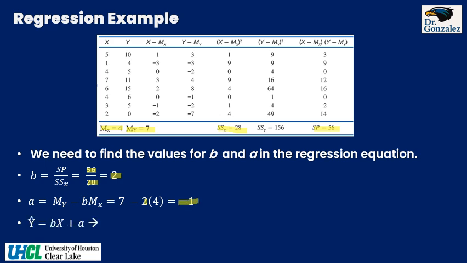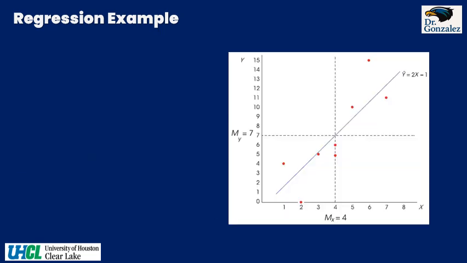So now I can write my linear equation. y hat equals bx plus a. So y hat equals 2, and I pull that from here, 2x minus 1. And that's what that line looks like, okay? y hat equals 2x minus 1.